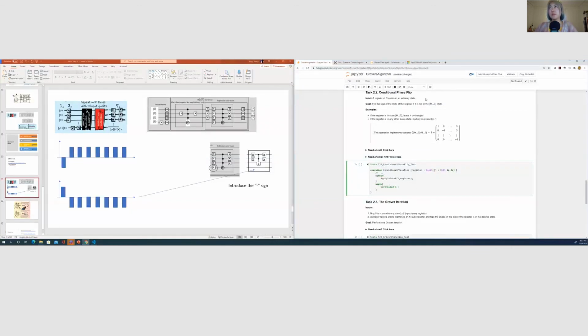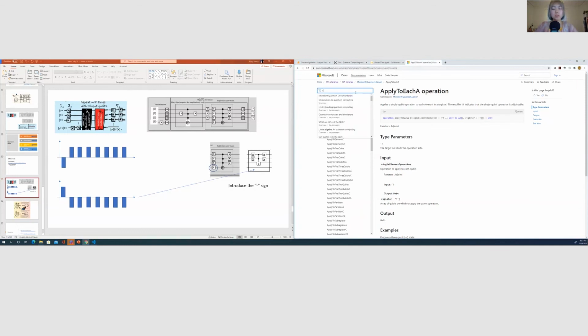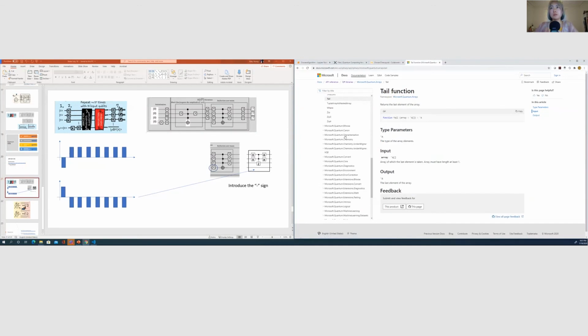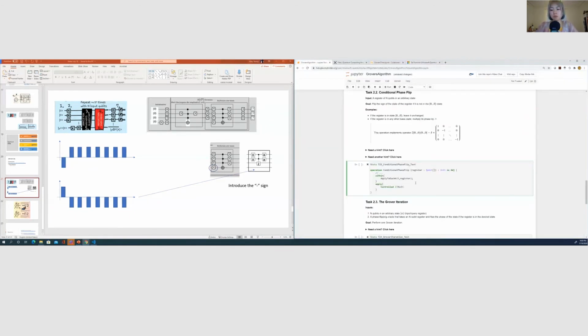Turns out there's something in Q# you can do that, and that one is called the tail. If you look at the API, the tail function returns the last element of the array. And opposite to tail is most. So most is all the rest of the qubits, and tail.